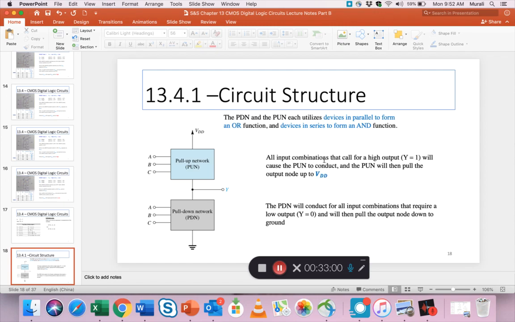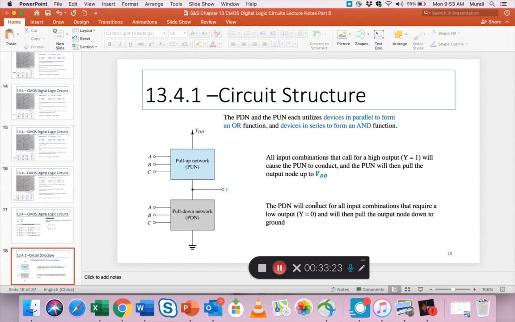Also, all input combinations that call for a high output. So when Y has to go high, it will cause the PUN to conduct, and the PUN will then pull the output node up to VDD. So if the inputs are low, the output will be pulled up to VDD by the pull-up network.